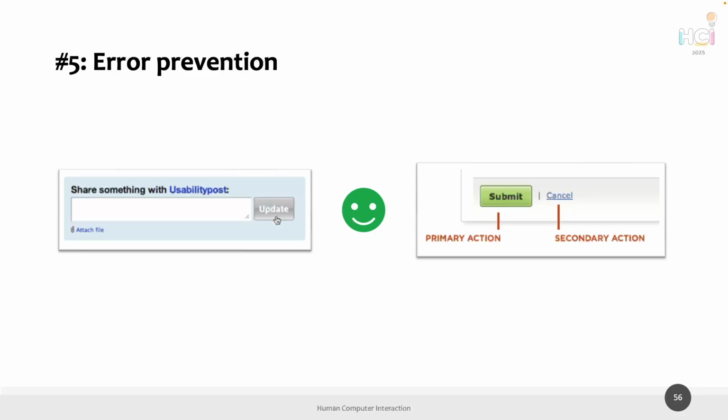So I can really distinguish which is the main action with respect to the secondary action, and this prevents, for example, clicking the wrong button because maybe I didn't pay attention to the interface. Here I can really distinguish which is the main action so that I can hopefully click the right button.